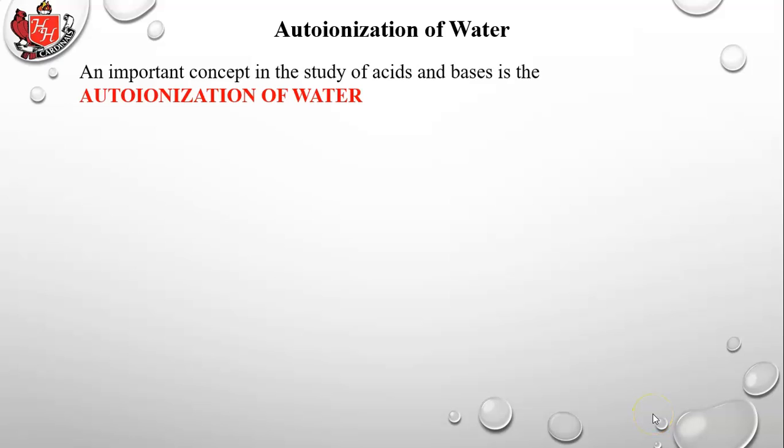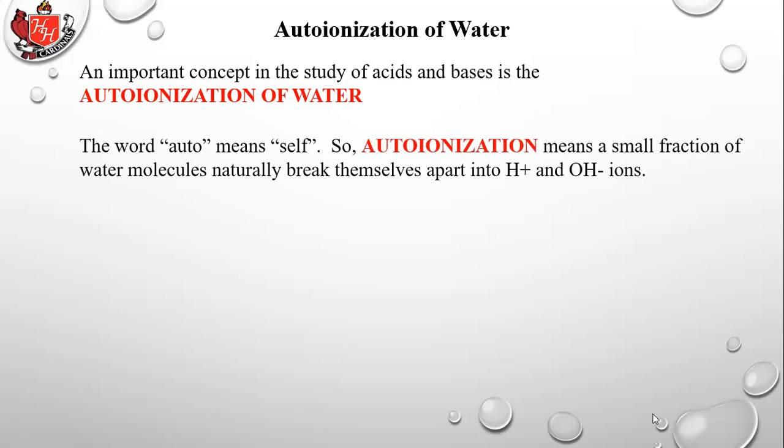Okay, an important concept in the study of acids and bases is the autoionization of water. The word auto means self. So autoionization means a small fraction of water molecules naturally break themselves apart into H+ and OH- ions. The reaction for this process is H2O into H+ and OH-.